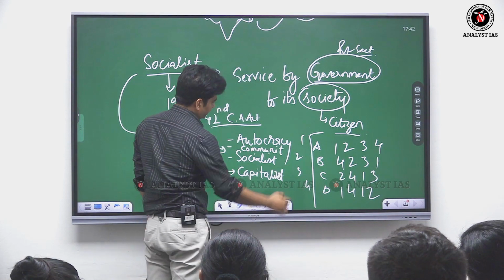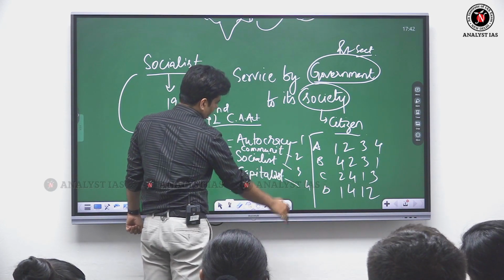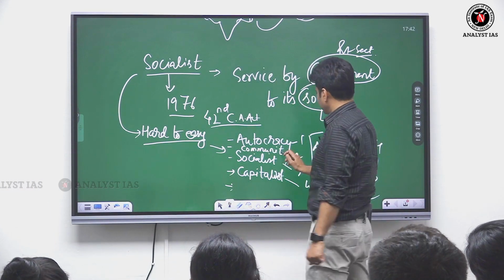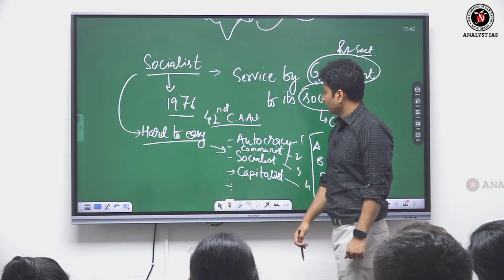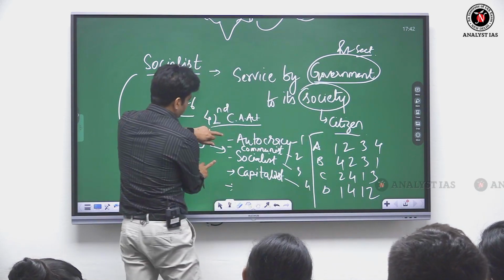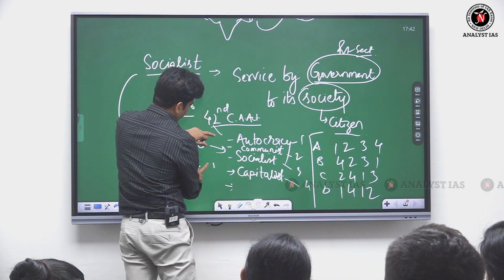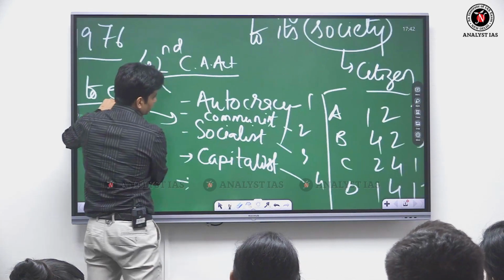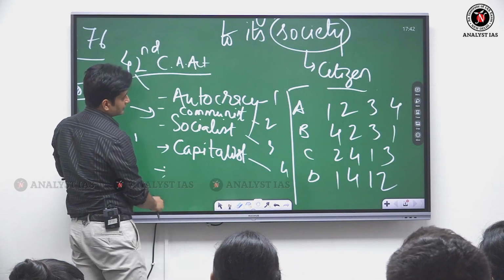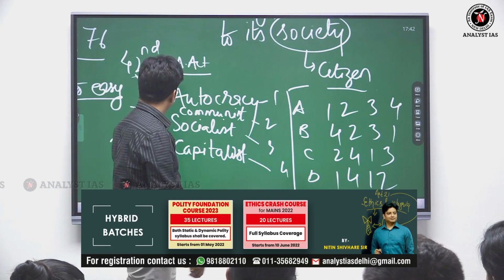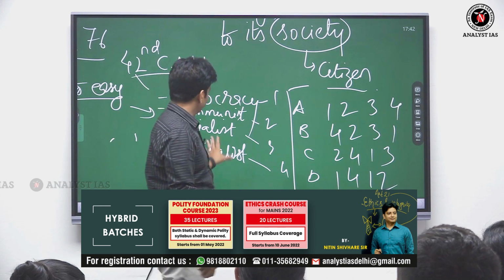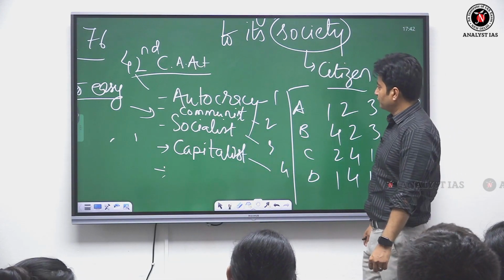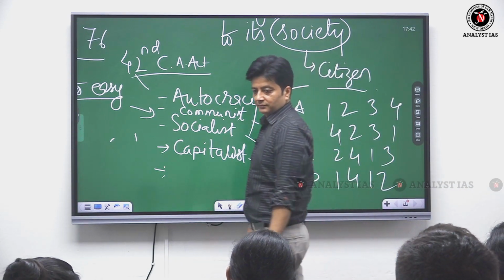That would make things easier. So 1, 2, 3, and 4. No, it is communist. I need to broaden it further so that you can see it. Now you can see it. 1, 2, 3, 4.